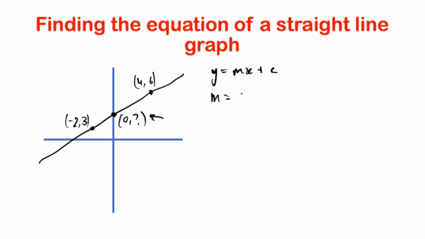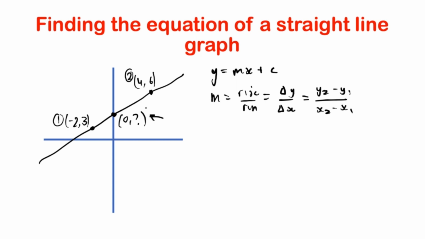Again, the gradient is the rise over run, or the difference in y over the difference in x, which equals y2 minus y1 over x2 minus x1. We're going to use 2 points. Point number 1 would be the one on the left, and point number 2 would be this one, the 2 points that are given to us. We'll leave this out for later.